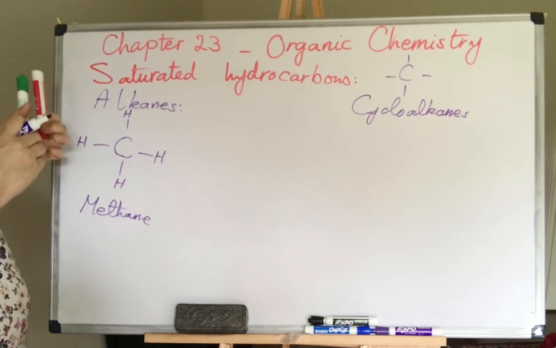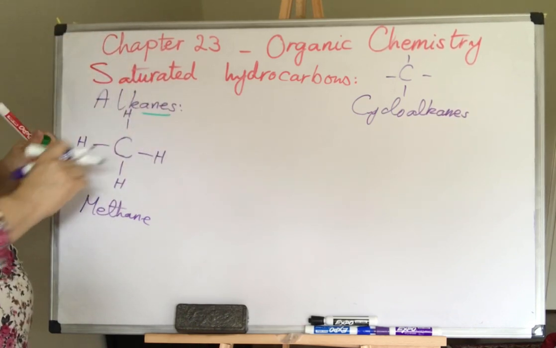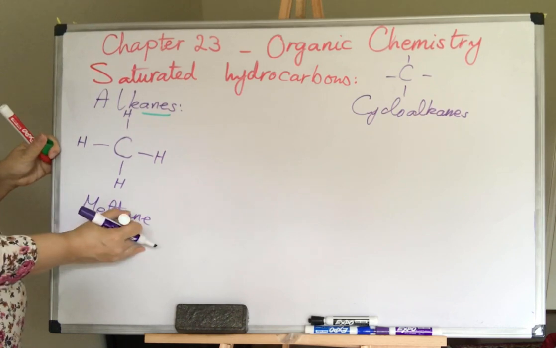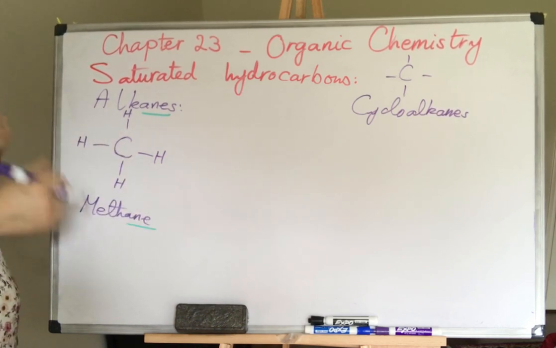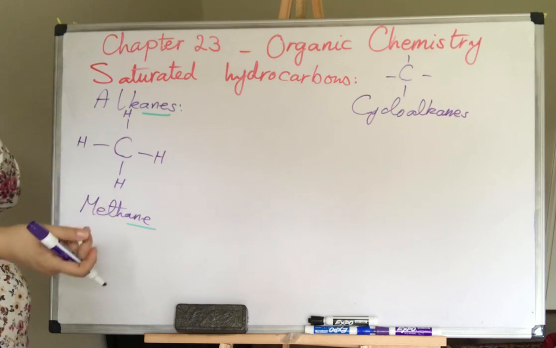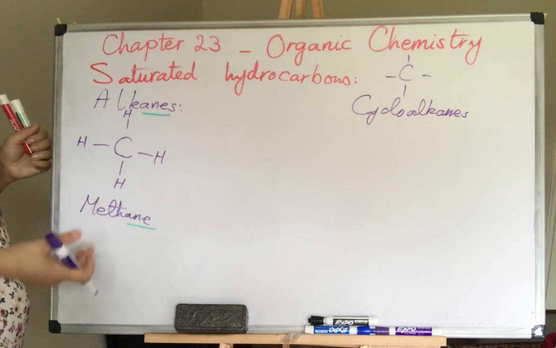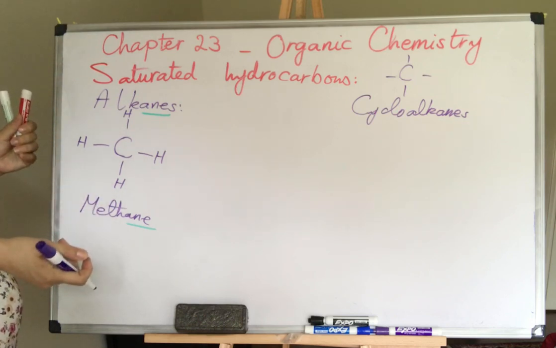So there is something about these organic compounds: the ending of the name, alkane, should appear in the actual name of the compound. When you say methane, from the A-N-E ending you realize that you're talking about an alkane.